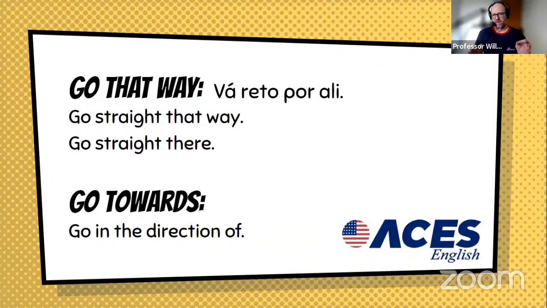Na música, o que ele fala é sobre a sociedade dizendo, você tem que andar desse jeito, tem que falar desse jeito, tem que agir desse jeito. Então, walk this way. So, se eu falar, do it this way, faça assim, faça desse jeito, would be do it this way.